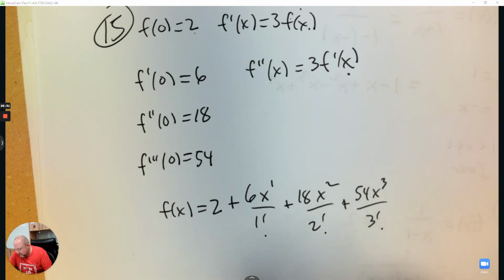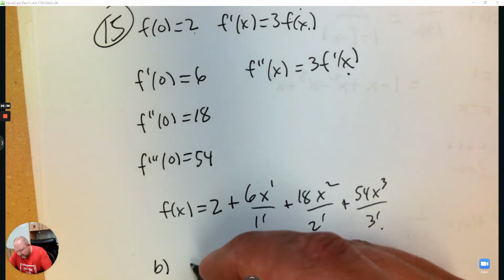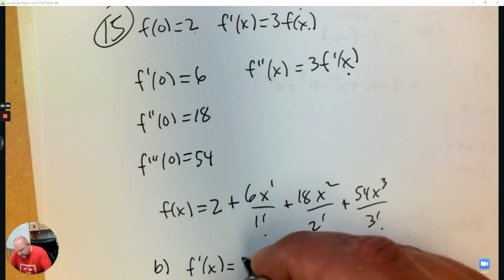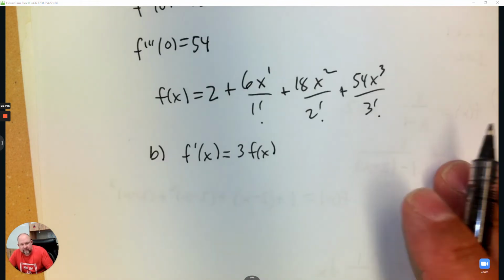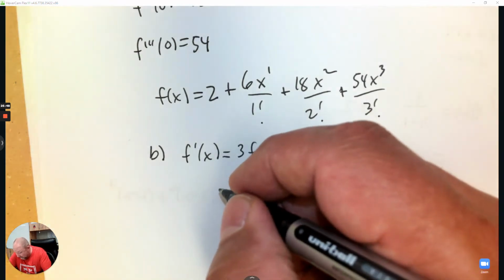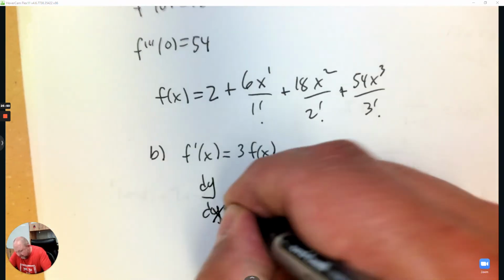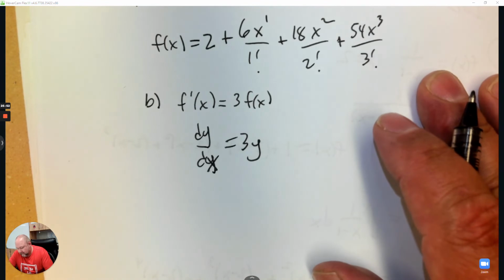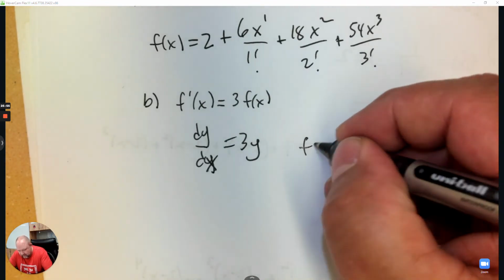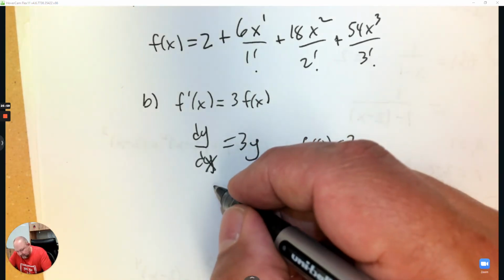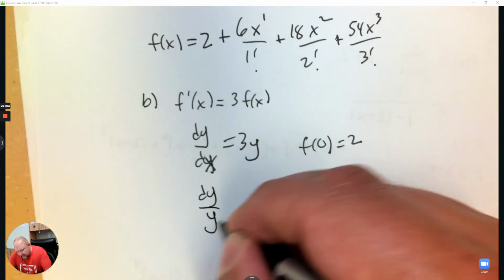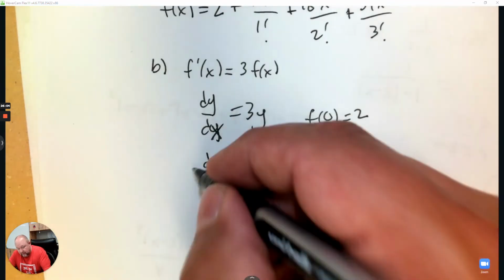Part B, find f at x by solving the differential equation. So f at x is just a fancy way of saying y. So dy by dx equals 3y. And then solve that with that initial condition of f at 0 equaling 2. So we have this. We're going to separate the variables. We're going to integrate it.